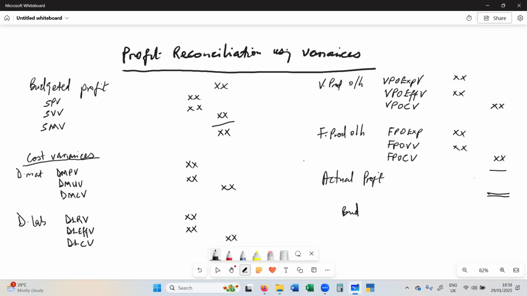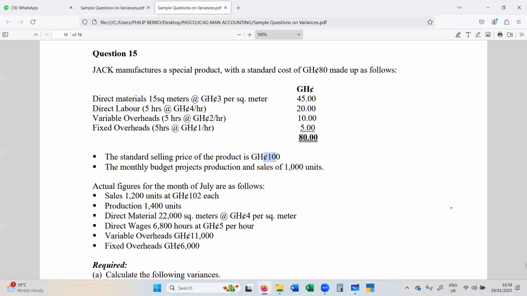Budgeted profit will be equal to standard selling price per unit, 100, less standard cost per unit, 80, then we multiply it by what? Budgeted output. What was the budgeted output? 1,000 units.